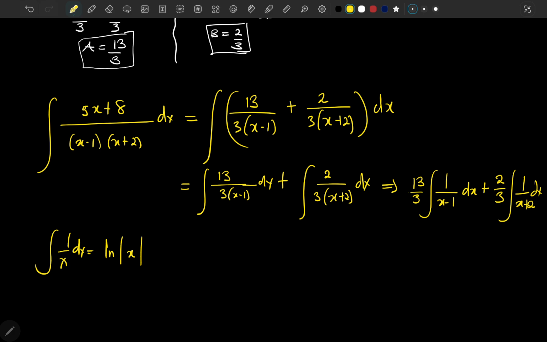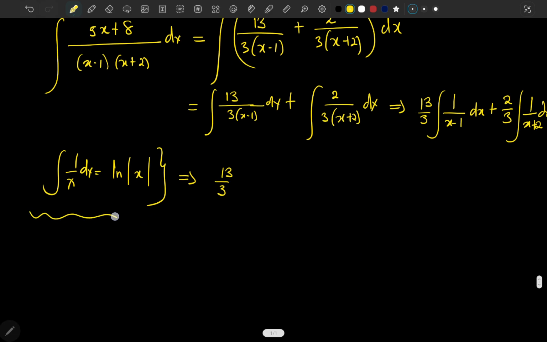But if there's a square, you may need to differentiate first and so forth. But we're going to skip that. If you use substitution, you are still getting back the same answers.